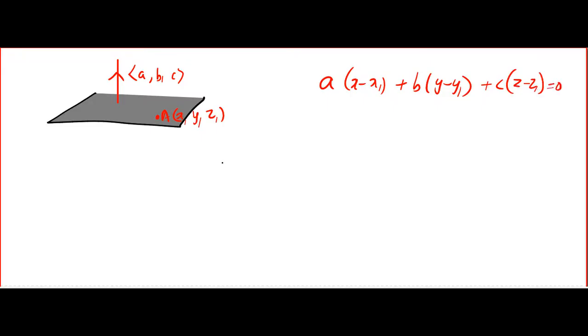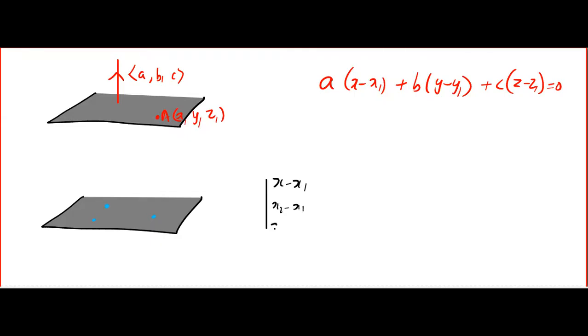Now, the second equation that we learned is, suppose 3 non-collinear points are given. Then the equation will be given by the determinant: first column x minus x1, x2 minus x1, x3 minus x1; second column y minus y1, y2 minus y1, y3 minus y1; third column z minus z1, z2 minus z1, z3 minus z1, equal to 0.